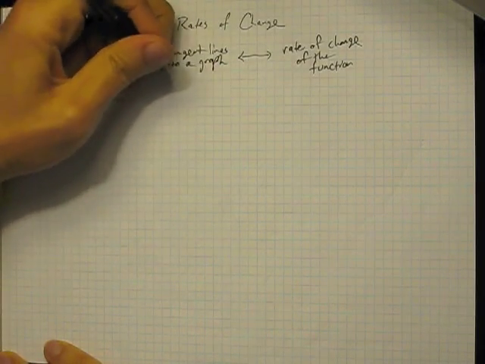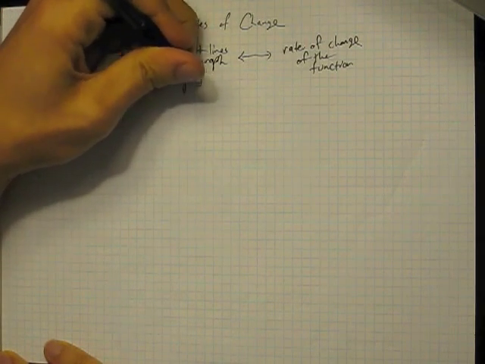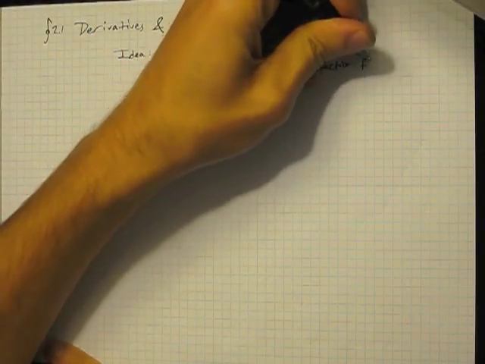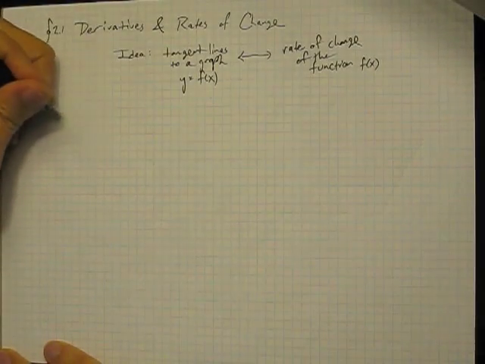So the tangent line to a graph, say y equals f of x, is intimately related to the rate of change of the function f of x. Okay, so here's our first definition.